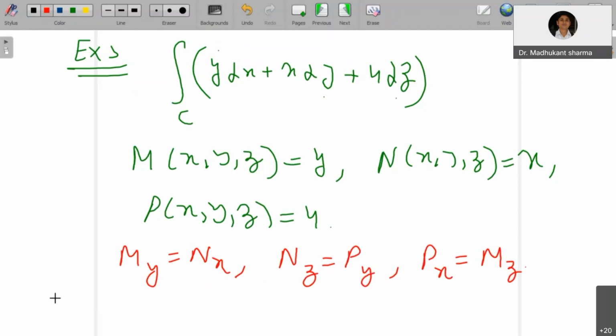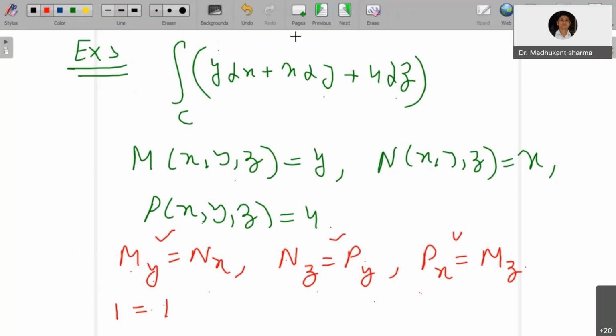So whether this is true: My equals Nx. My is 1, Nx is also 1, 1 equals 1, so this is true. Now Nz equals Py. Nz is 0, Py is also 0, so 0 equals 0, this is also true. Now Px is 0, Mz is 0, 0 equals 0, this is also true. So this differential is exact.